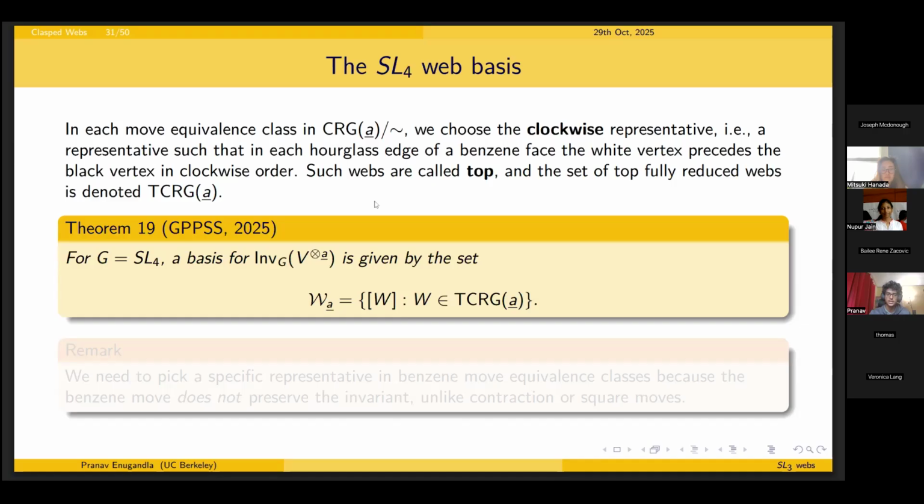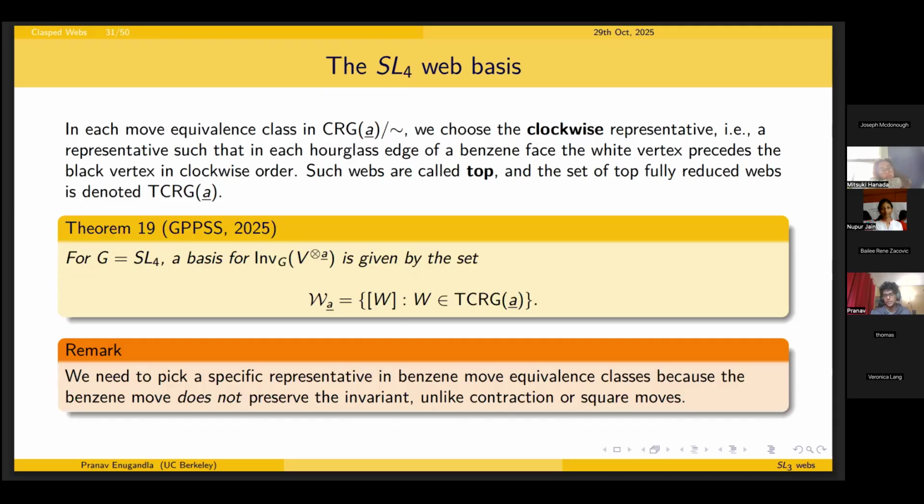Once you do this, the fully reduced contracted hourglass plabic graphs form a basis for the invariant space. So you have to pick this unique benzene representative because you could always just rotate and get the same invariant.